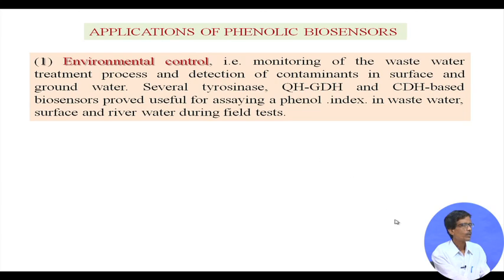We will talk about 3 such applications, but listen carefully, because these are very important. We talk about so many theoretical things like Faraday's current, voltaic current and electron transfer, but ultimately how is it applicable to environmental control?